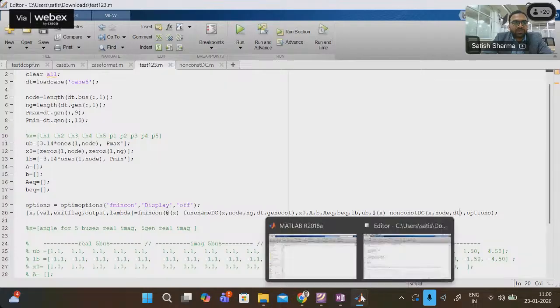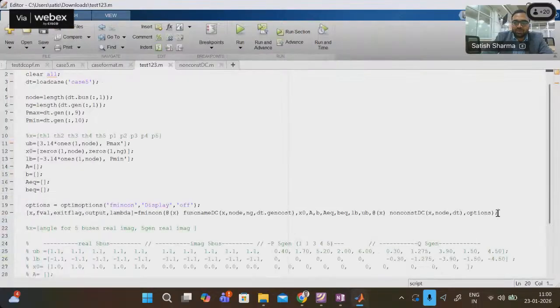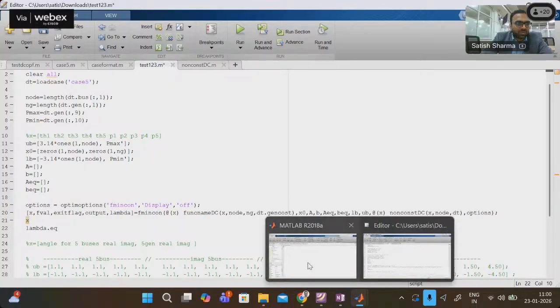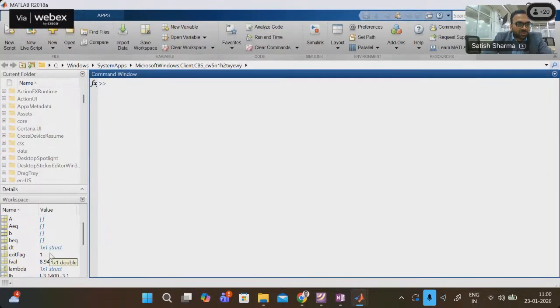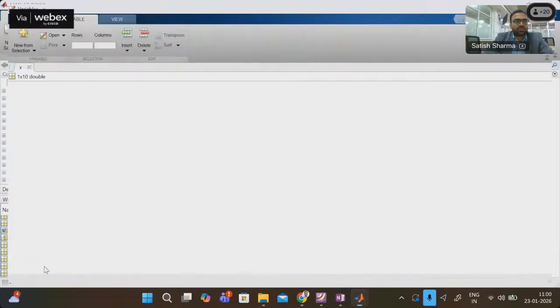Okay, it has been solved, and let me see what we are getting. Let me see x, and let me see lambda dot eq. We can see it from the workspace as well. So these are our x values.